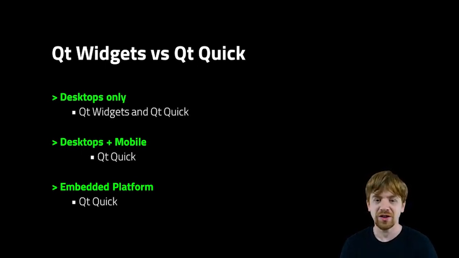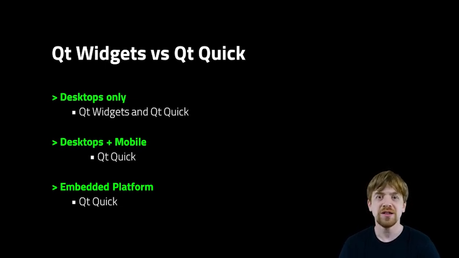Since the last 10 years, new kinds of UI have emerged with touchscreens on smartphones and embedded platforms. That's why we developed Qt Quick and QML, with a new way also of developing user interfaces with Qt. That's why when you need to decide between Qt Quick and Qt Widgets, you need to know on which platform you want to deploy it.